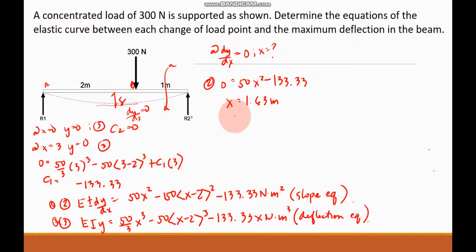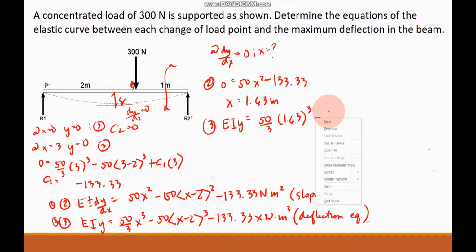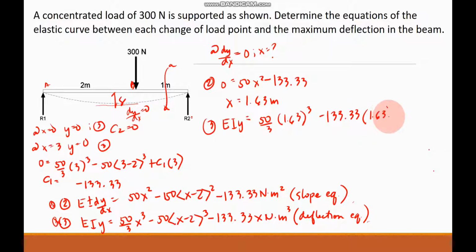Therefore, substituting it using equation number 3. So, substitute na lang yung x using equation 3. So, we have EI y is equal to 50 all over 3, 1.63 raised to 3. So, canceling this portion kasi nga magiging negative na. So, keep that in mind. Na kung negative na, yung nasa loob ng bracket, cancel it out. So, minus 133.33 multiplied by 1.63.